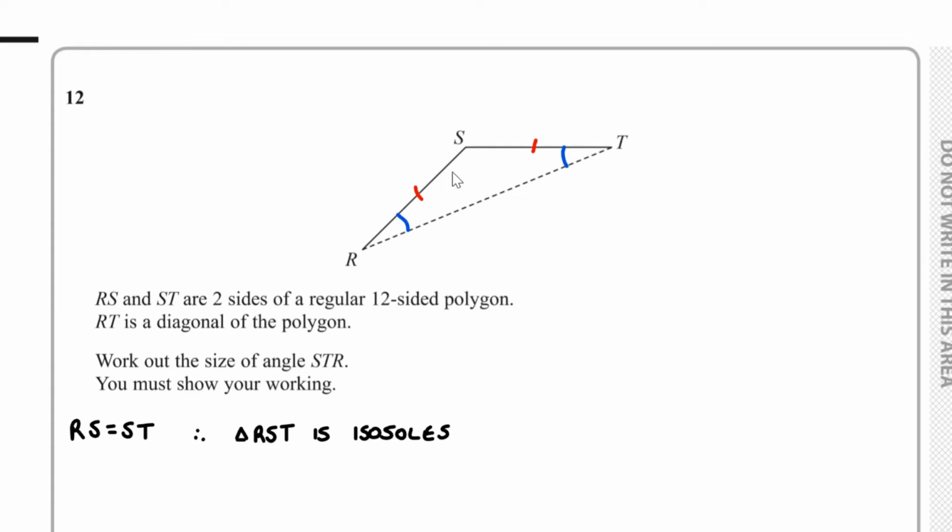Now we can find out this internal angle RST of the 12-sided shape by first of all finding the external angle.